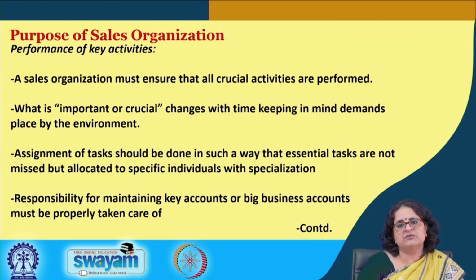So in such a way it would be ensured that through coordination, through control amongst the different activity heads, the overall sales plan or the sales group goal is achieved.